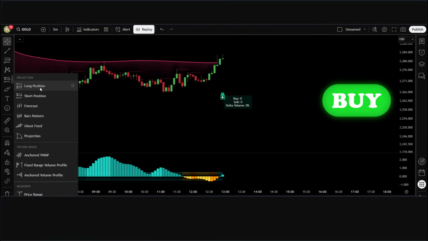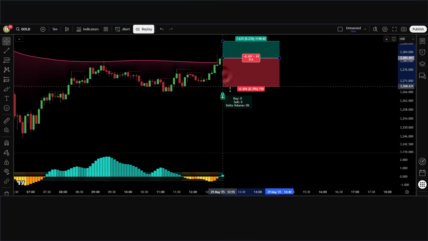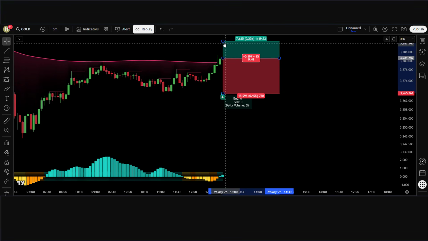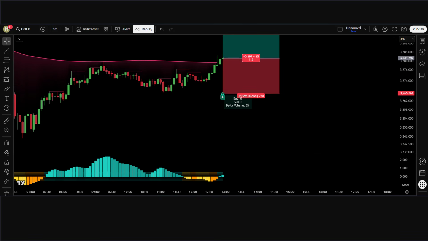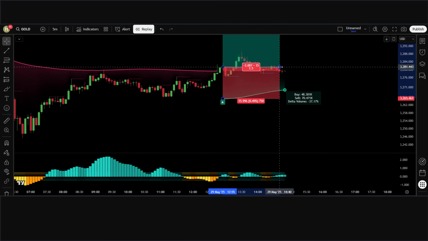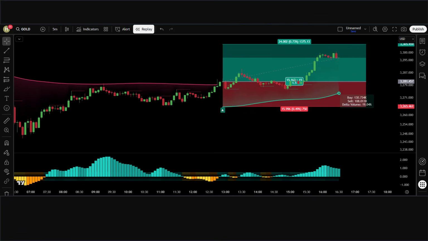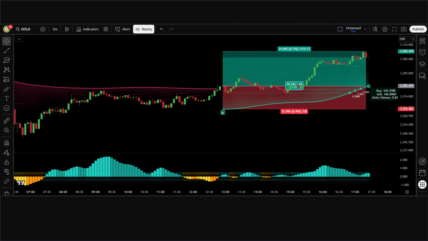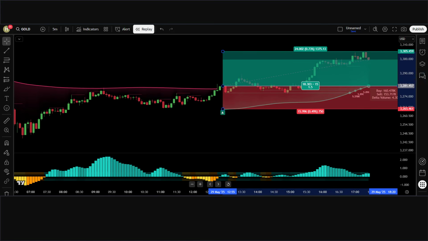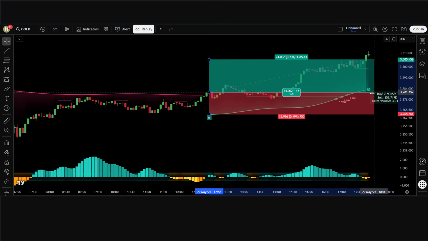If this condition is fulfilled, then we will place buy order. Our stop loss will be placed at the plot line of VDA indicator. And the risk to reward ratio will be 1:1.5. The market has completely hit the target.